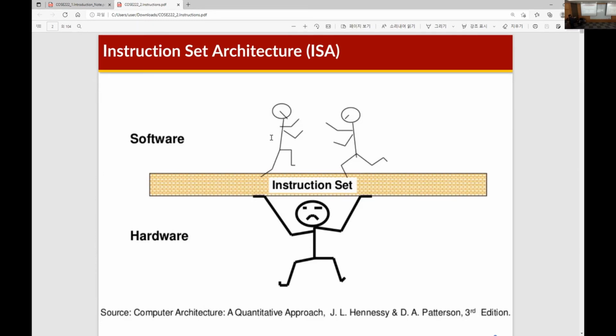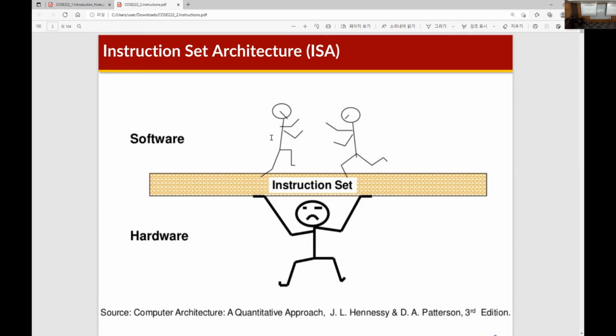Even so, hardware engineers also do not understand how software works. I can use high-level languages, but normally the computer hardware does not understand how software works. Hardware just understands the instructions defined in the instruction set architecture.